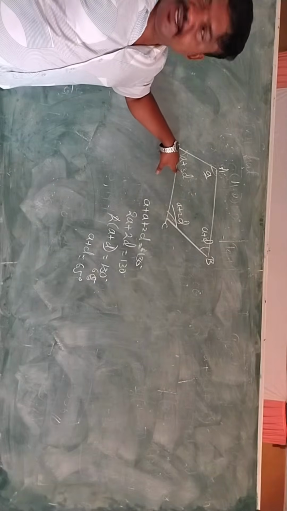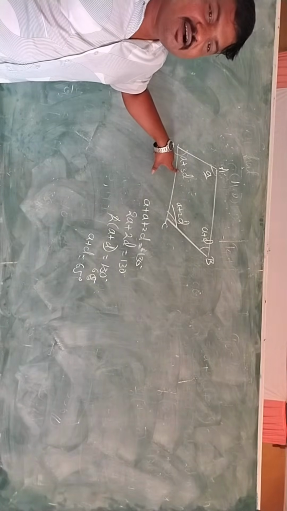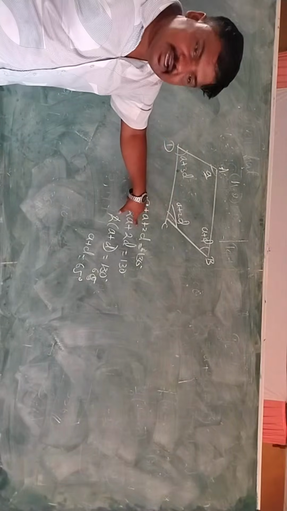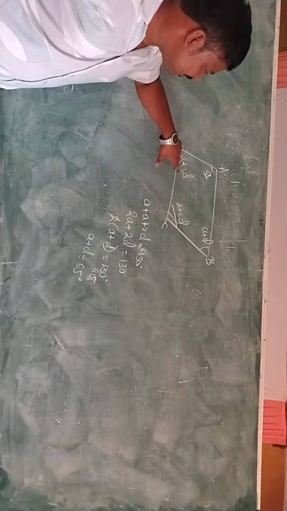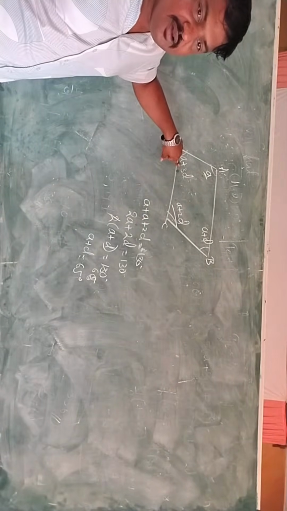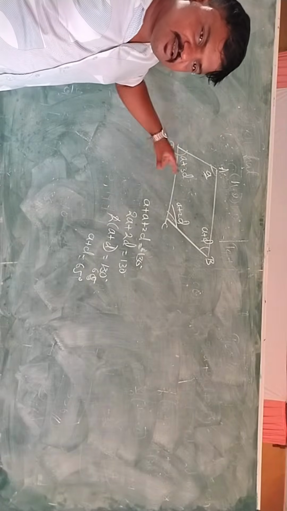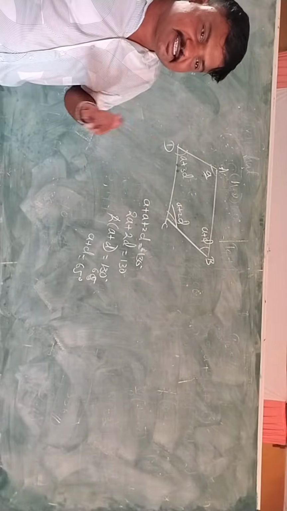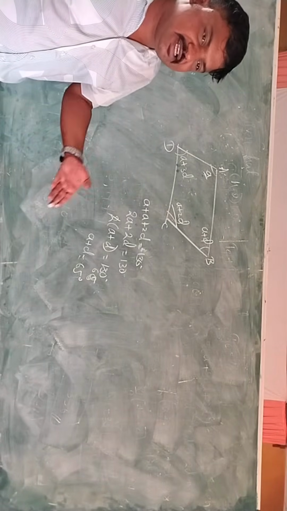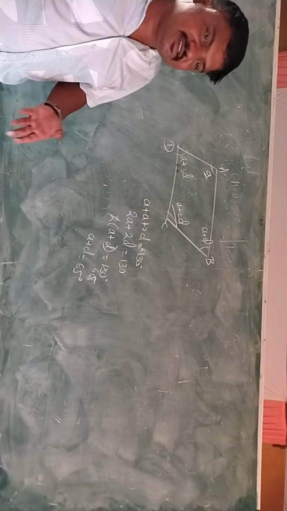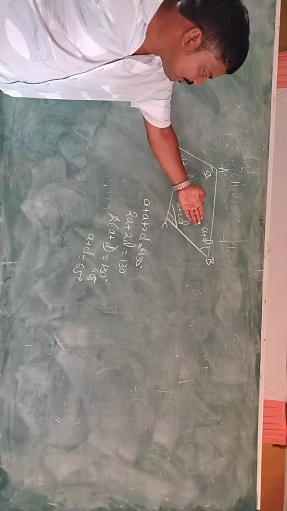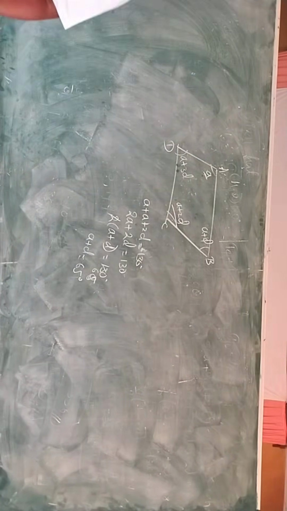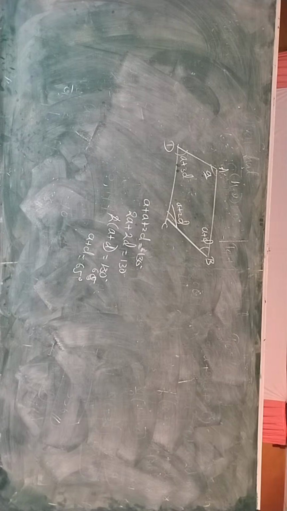Since the interior angles property of a quadrilateral is 360 degrees, 360 minus 130 is 230. So a plus d and a plus 3d together are 230 degrees. Two ways you have to solve this.